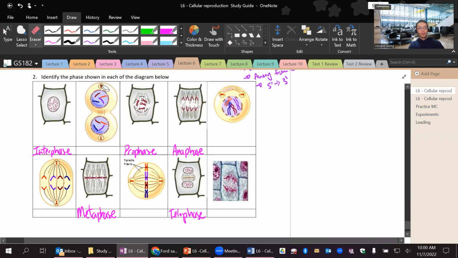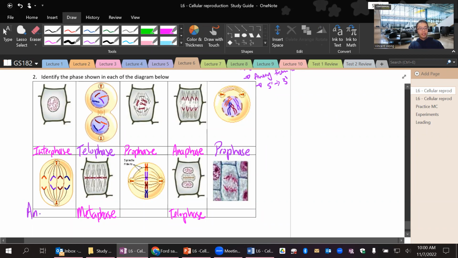This one, right, you can see the two cells are being pulled apart. That is the telophase. Oh, I totally missed this. Sorry. We're going to get to it in a second. What about this one? This one over here would be prophase, because you can see the individual chromosomes now, right? If you see the X's on the nucleus, it's prophase. If no X, then it's interphase, right? And you can see the centrioles moving to the opposite side.